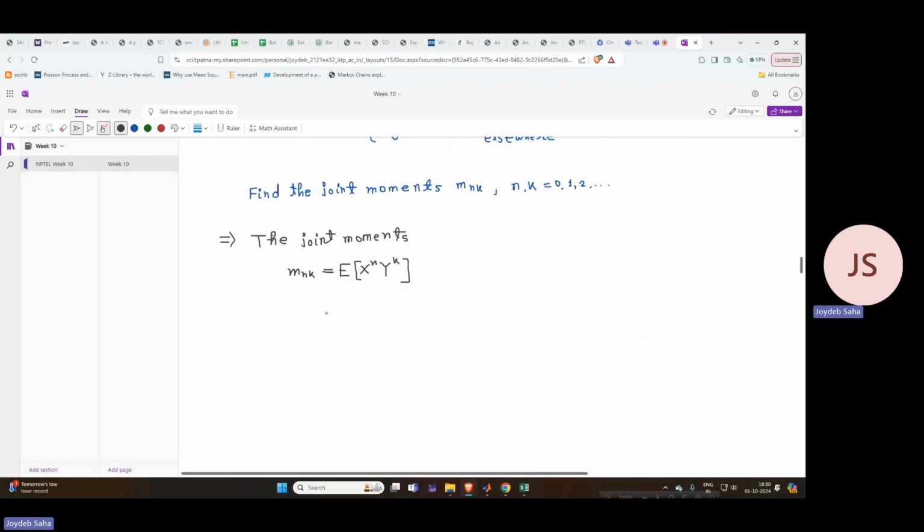Okay, and we can write it as a double integration from minus infinity to plus infinity of x to the power n, y to the power k, f of xy dx dy. Okay, hope it is understandable.